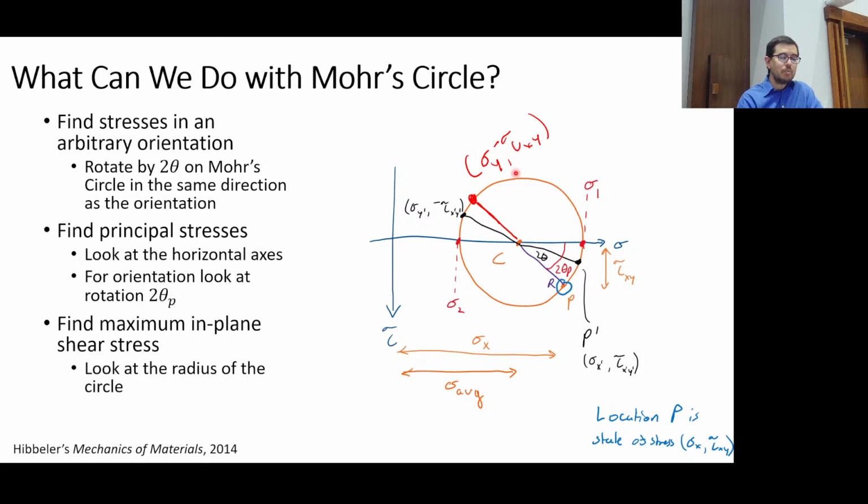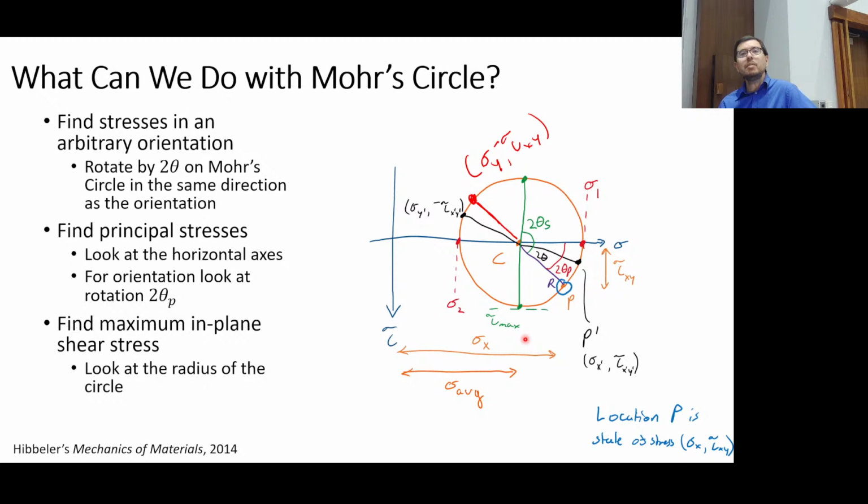This is going to be the maximum negative of it, and this is going to be the maximum of it. Are these magnitudes, these distances, the same? Yes, because it's a radius describing the circle, right? So that orientation is where you find the tau max. What can you see about the sigmas there?